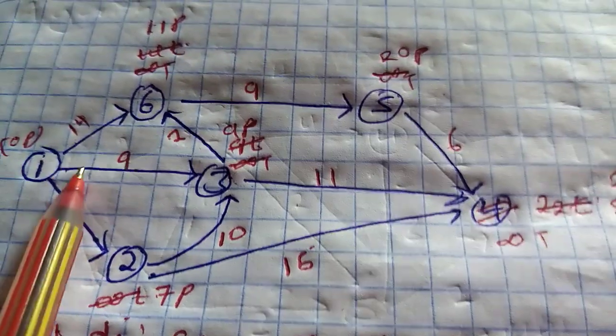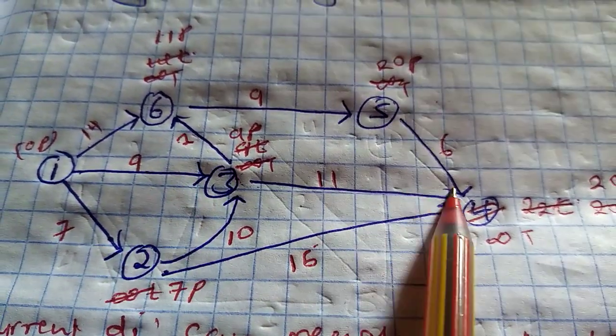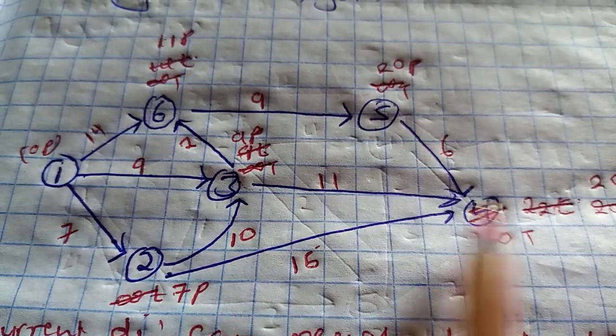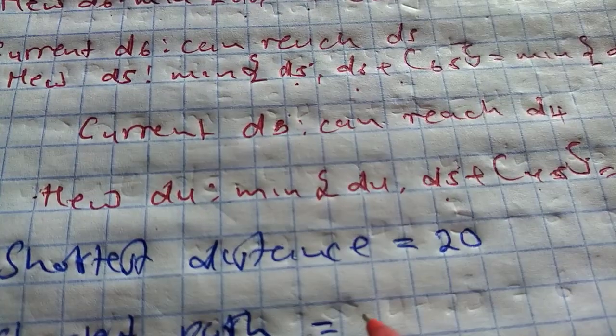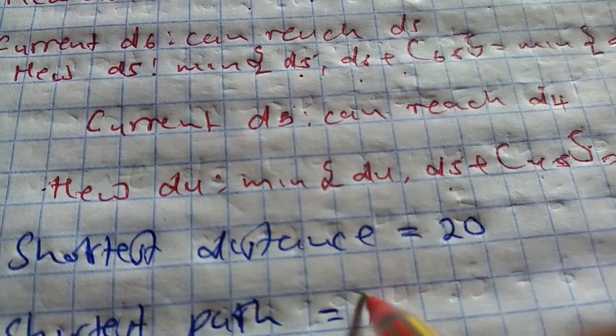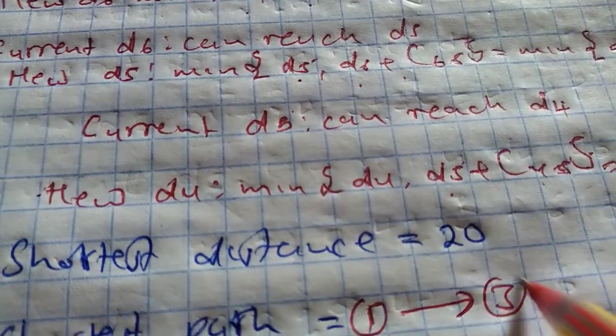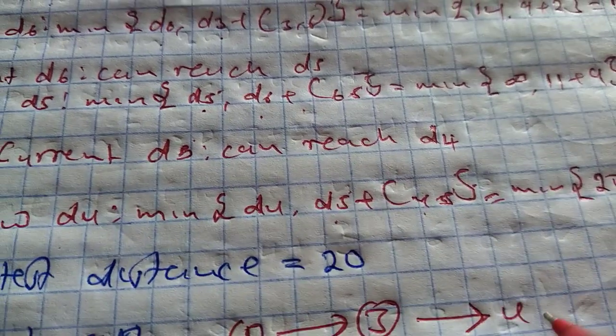We have 1 to 3, 3 to 4. 9 plus 11 gives us 20. So the shortest path is from 1 we go to 3, from 3 we go to 4. That is the shortest path.